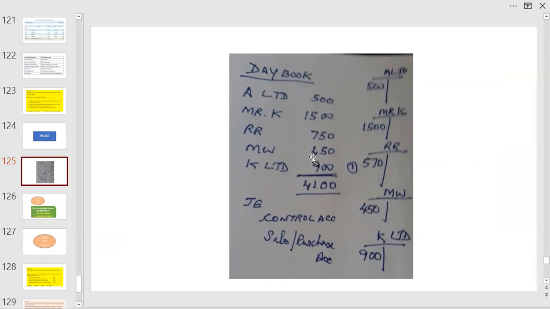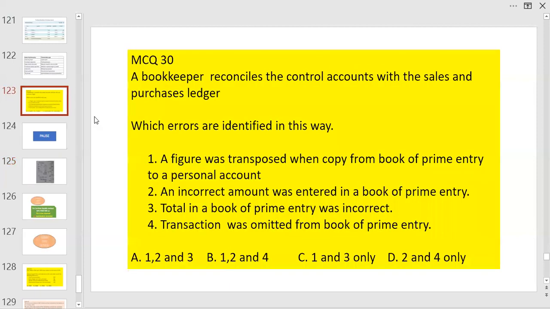So quite naturally, when the personal account is posted, it will also have the wrong amount. Even though the amount is wrong, there will be no difference because it is 450 here, 450 there. So there cannot be a difference. So this mistake will not be identified. So number 2 is not part of the answer.